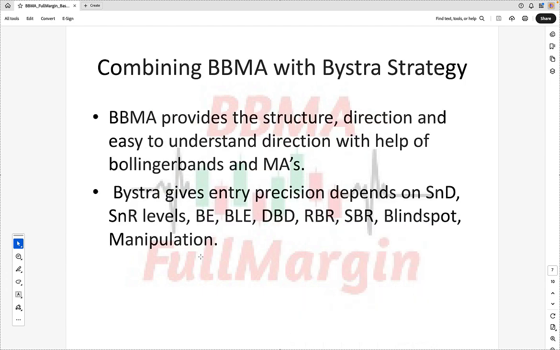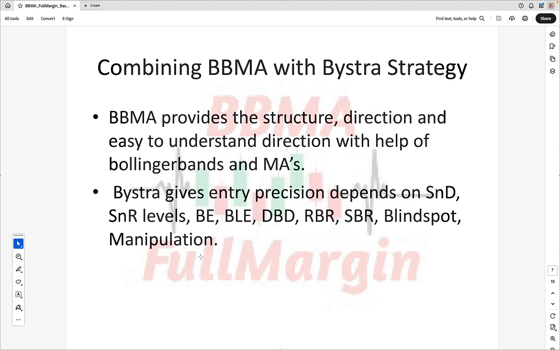I usually use BBMA with Bystra because Bystra is really powerful. Bystra gives you the entry points, and BBMA gives you the direction, because it's really easy to understand the direction with the BBMA indicator. It's just an indicator, and it just indicates to us that the direction is being changed.